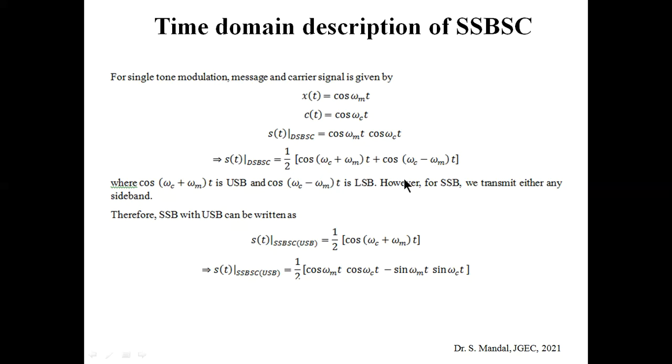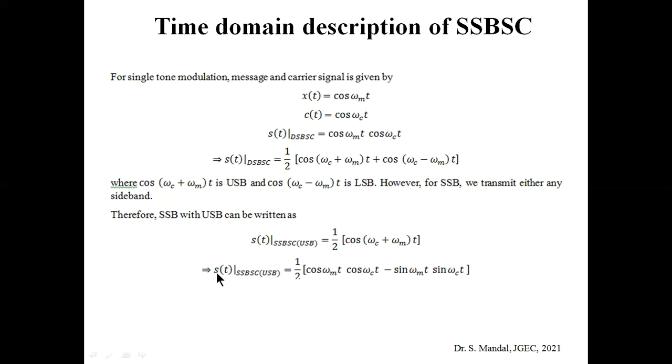But in case of SSB, we are only sending one sideband, either USB or LSB. So here is the equation for SSB-SC, single sideband suppressed carrier, where we are considering the USB, that is nothing but the higher frequency component. That means half into cos (omega c plus omega m)t.